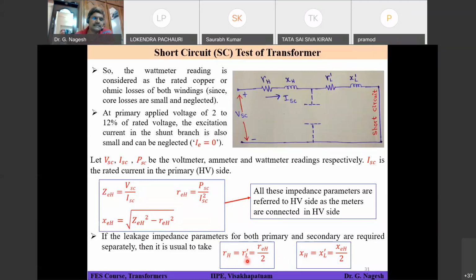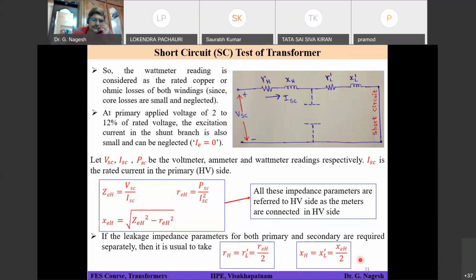RL dash indicates the resistance which is referred to HV from LV. L indicates from where I am coming, and dash indicates I am not the actual one, I am coming from somewhere. Right. So we have already seen this. So similarly, XH is equal to XL dash is equal to XEH divided by 2.